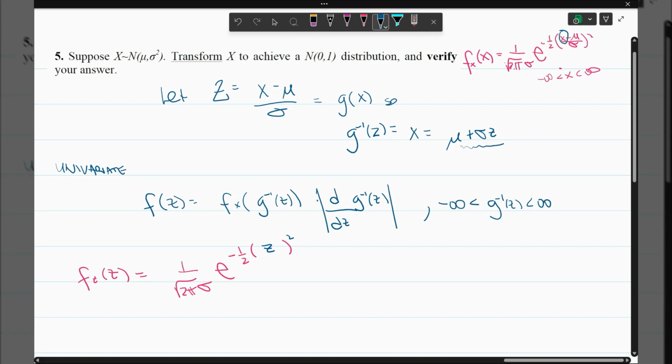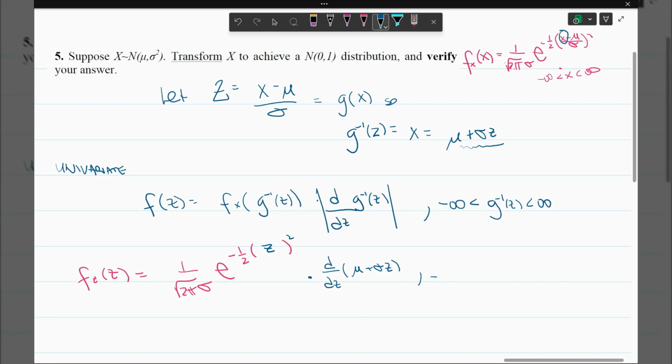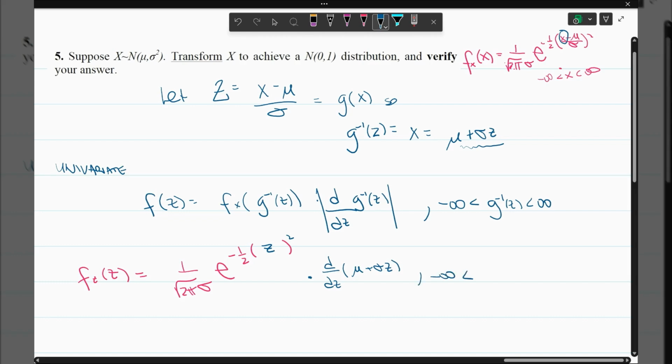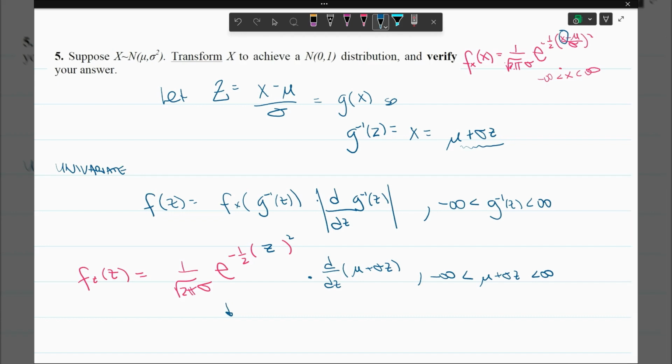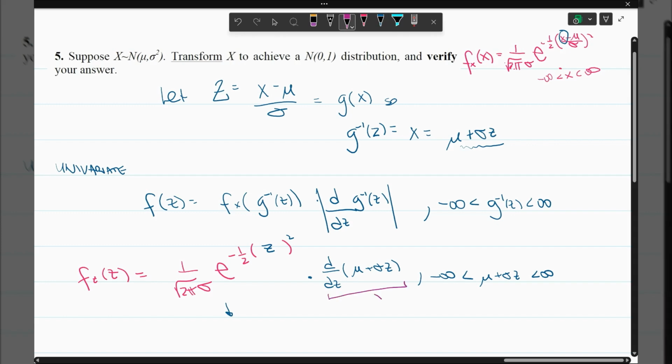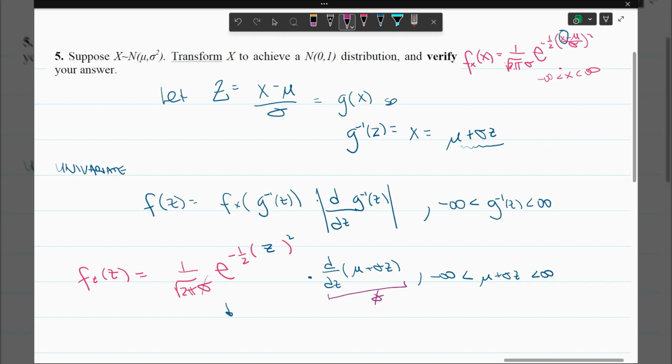We're going to multiply that by the Jacobian. That's the derivative with respect to z of g inverse, which is mu plus sigma z. The support is negative infinity less than g inverse less than infinity. We can see that the derivative of mu plus sigma z with respect to z is sigma, which will cancel with this sigma.